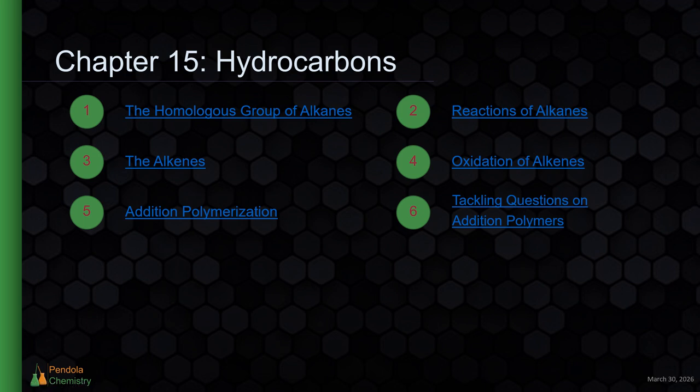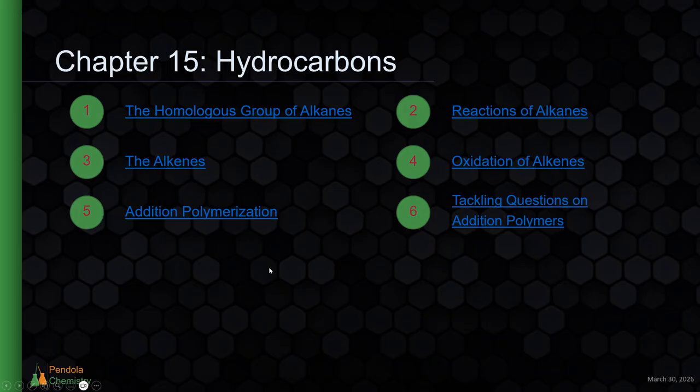And then in section 5, we're going to see how addition polymerization can happen, which is the making of polymers from alkenes. Finally, in section 6, we're going to look at specific questions regarding polymers that might appear in the AICE exam, because it's a very niche topic for the AICE chemistry exam, has some very unique questions.